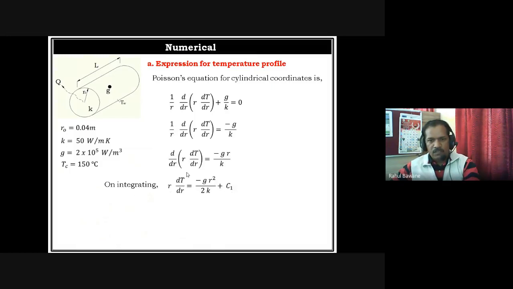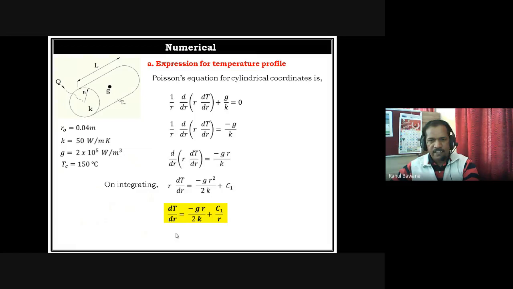Now in this form we can't integrate again, so we first shift this r value to the right hand side. It will be in the denominator, so this r and square get cancelled, and this r will be in the denominator of C1. So our equation becomes dT by dr equals minus G r upon 2K plus C1 upon r.